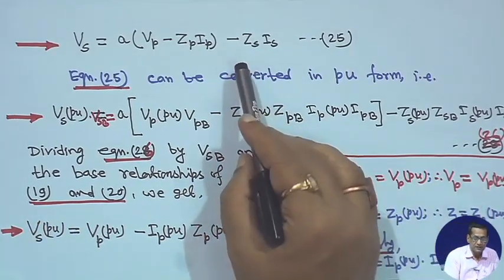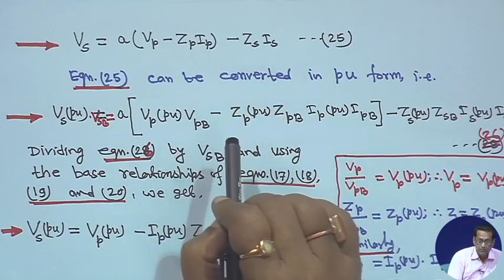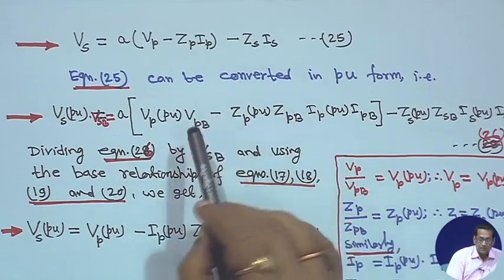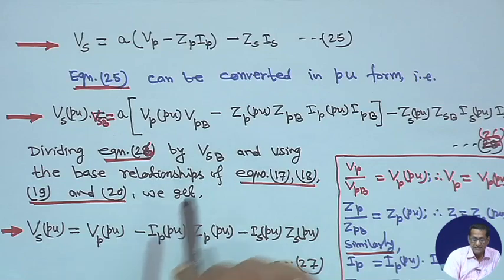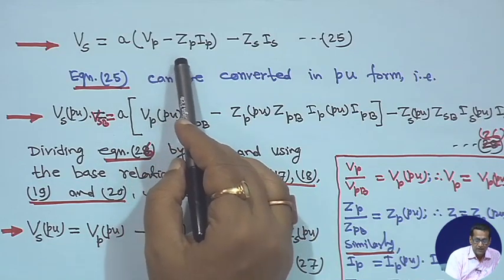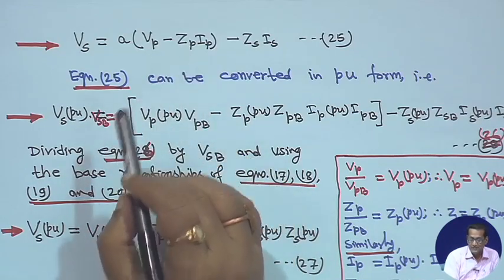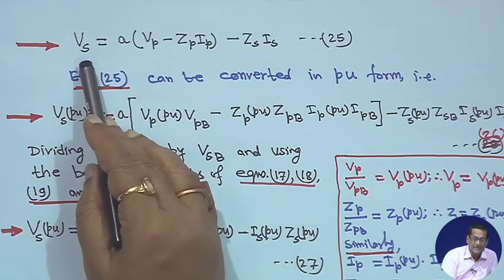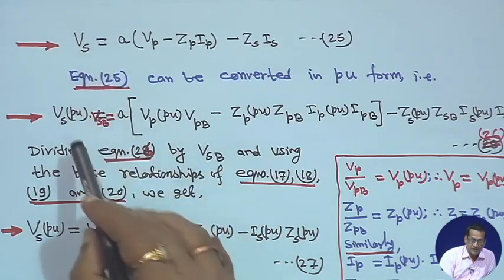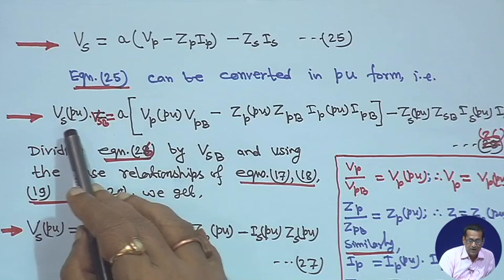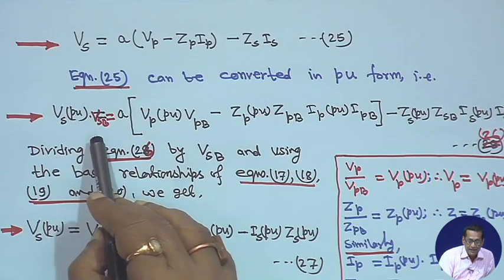Now, this equation we have to convert to per unit form, right. So when you are trying to convert it to per unit form, the simple thing is that Vs, this is a real voltage, is equal to Vs per unit, the per unit voltage of the secondary side, into Vsb.